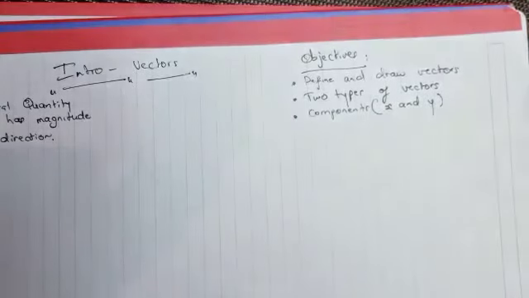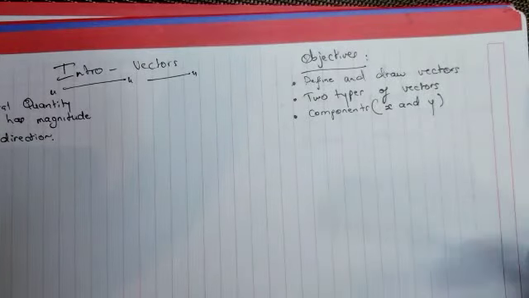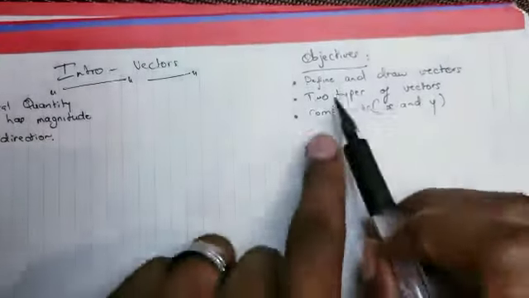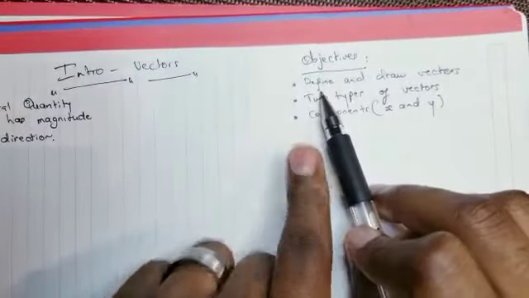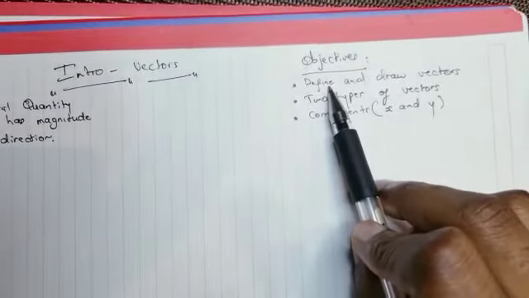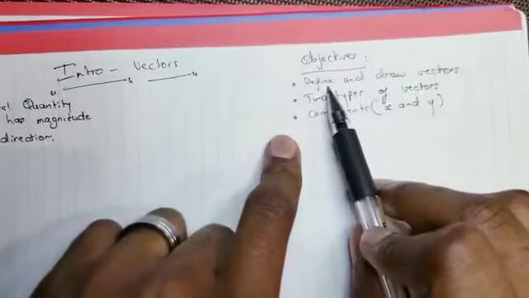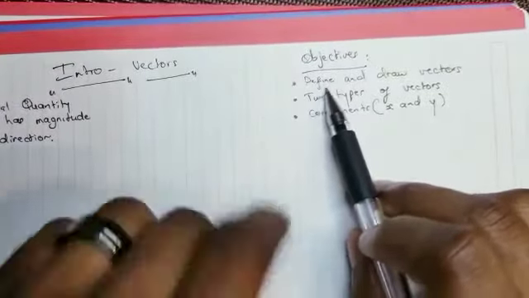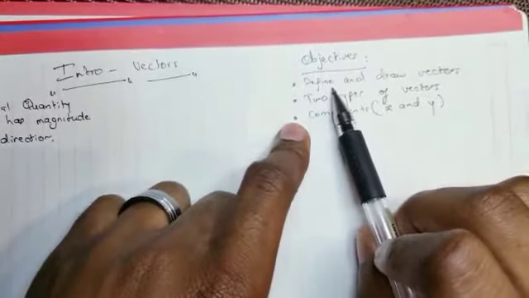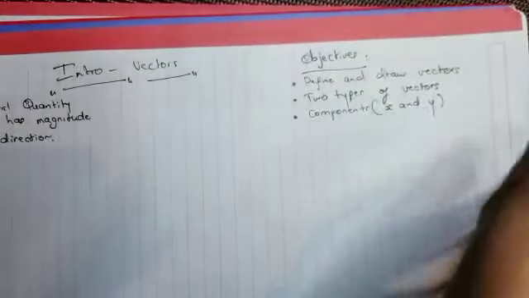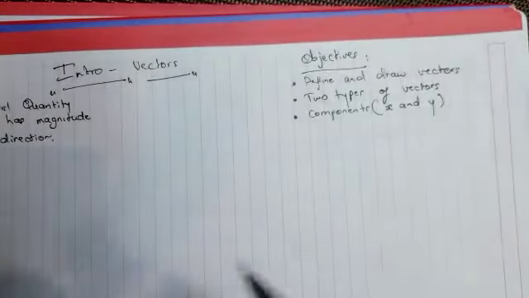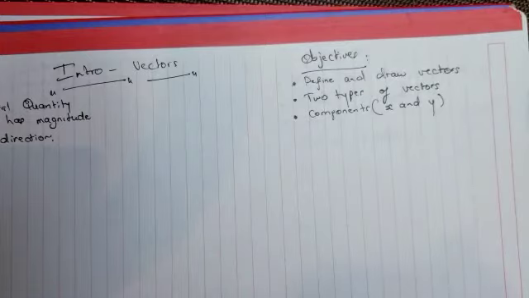Right, so what do we need to know as an introduction to vectors? We need to know how to define one, using the correct terminology, because you get marks for choosing the correct definition. So we need to define what a vector is and to draw a vector, so simple structures and a bit more complicated structures.